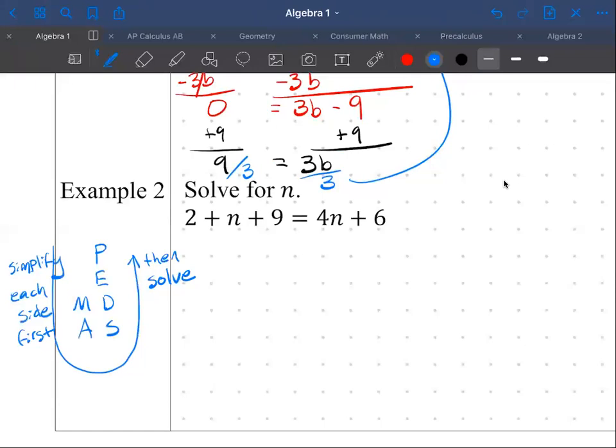The reason that I'm pointing this out now is because if we look at the left-hand side of the equation, this 2 plus n plus 9, that is not simplified. I can combine like terms and make that a smaller and more simple expression. So what does this left-hand side expression simplify to? 2 plus n plus 9 is the same thing as what?